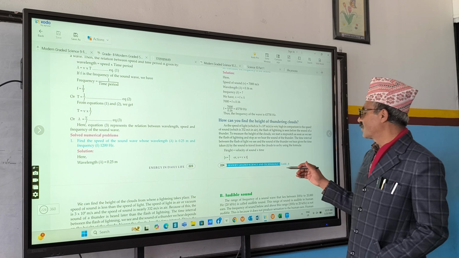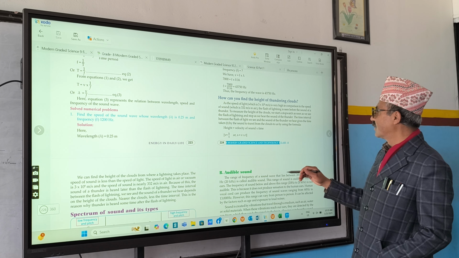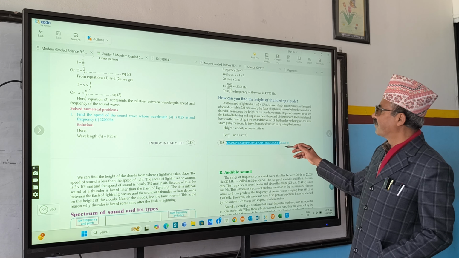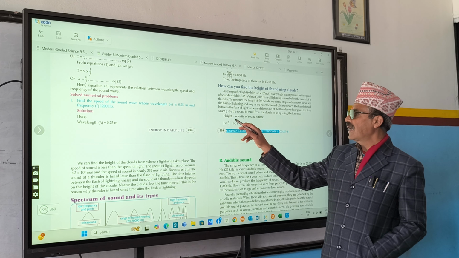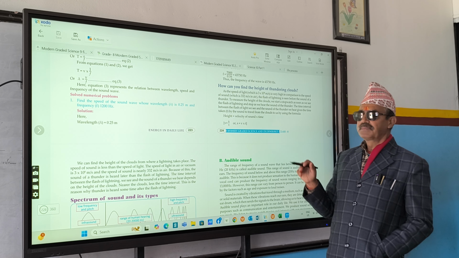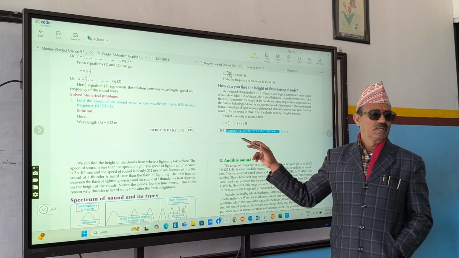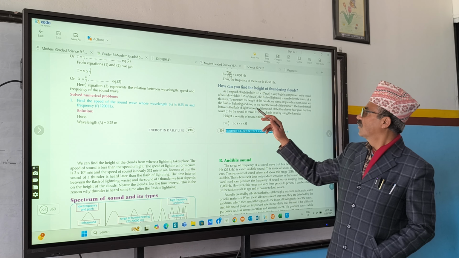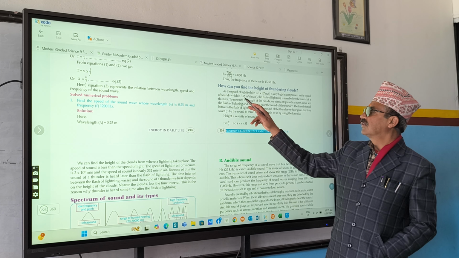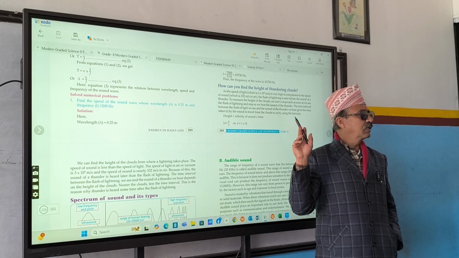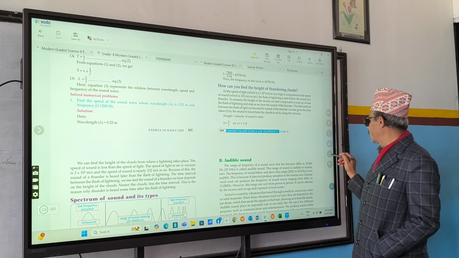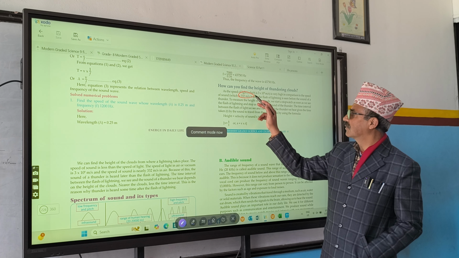So for that, here is one formula. What is the formula? V equals S by T. What is V? Velocity of sound in air. What is the velocity of sound in air? 332 meter per second. Remember, 332 meter per second.